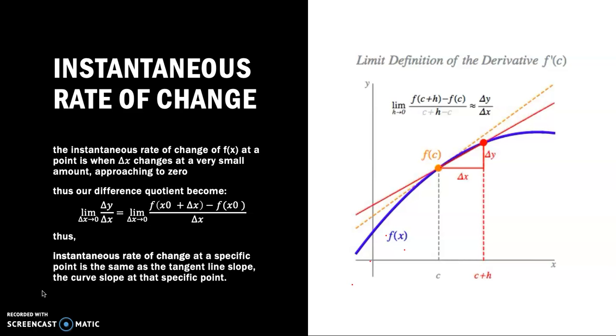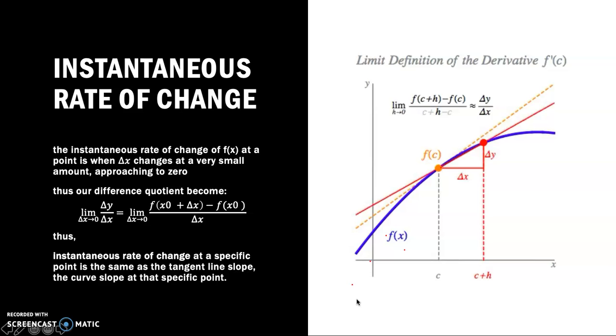Now I want to show you the concept of derivative when there is an instantaneous rate of change. So what is an instantaneous rate of change? An instantaneous rate of change is a change of f(x) when delta x is very small, approaching 0. And what is the implication?